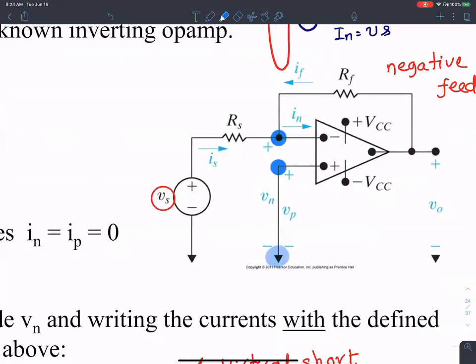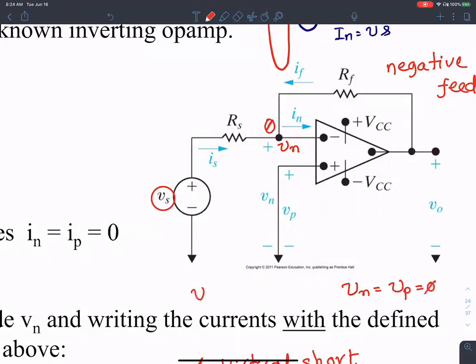And I'm tying the positive terminal to ground, so the voltage here is going to be 0 volts. If you call the voltage at the negative terminal Vn, that should equal V positive, which should equal 0.